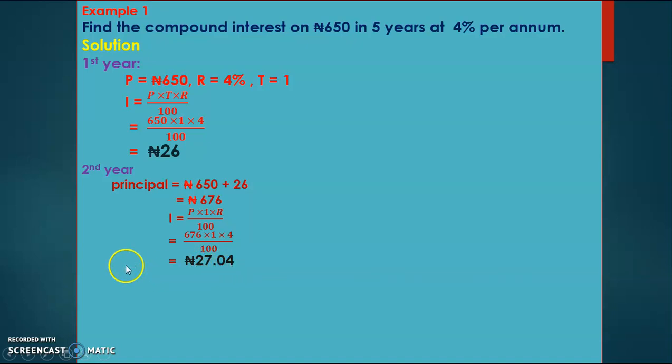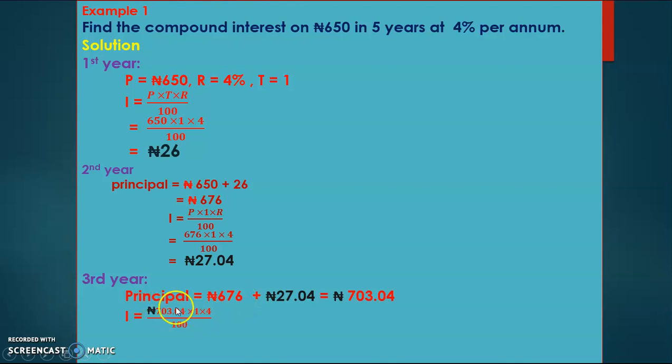Now we are going to move to the third year, which is the simple interest for the third year. We are going to get a new principal also. We are going to add this 676 naira to our interest for the second year, which is 27 naira 4 kobo, to get a new principal, which we are going to make use of in calculating the interest for the third year.